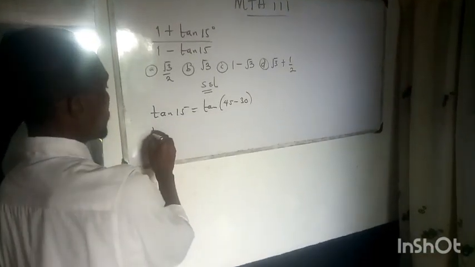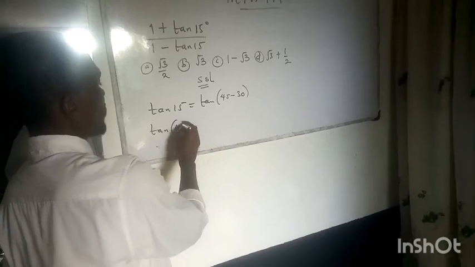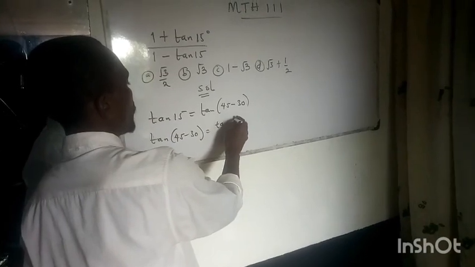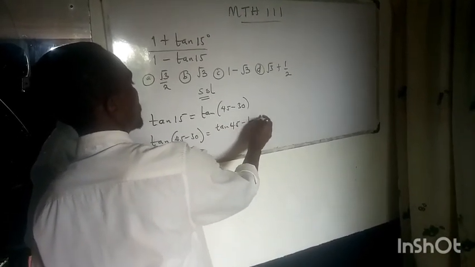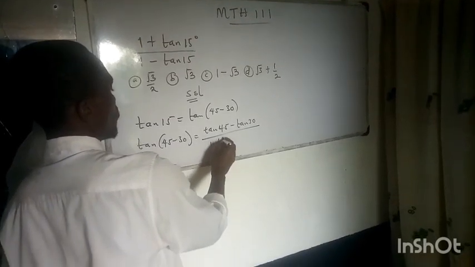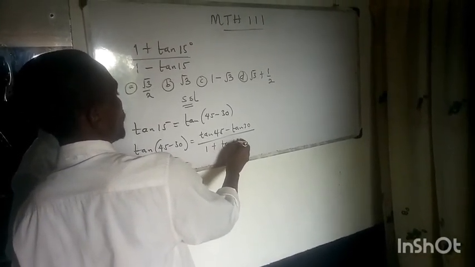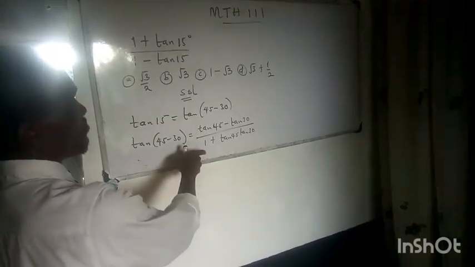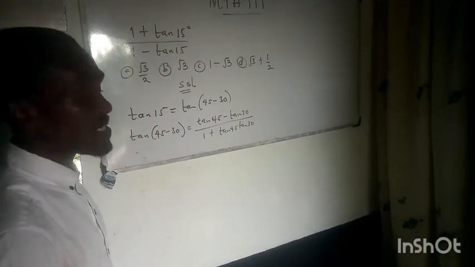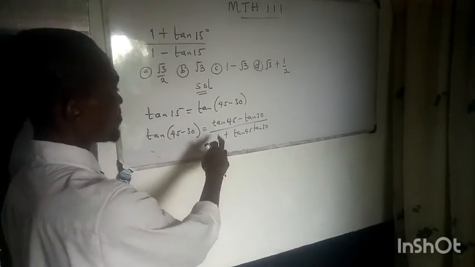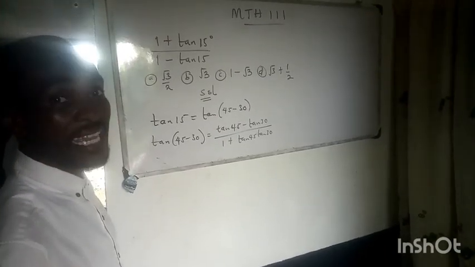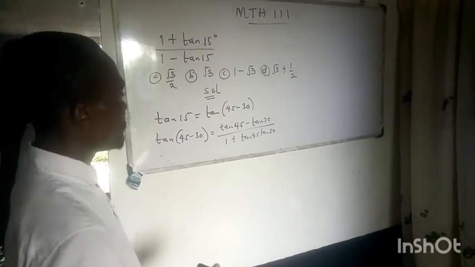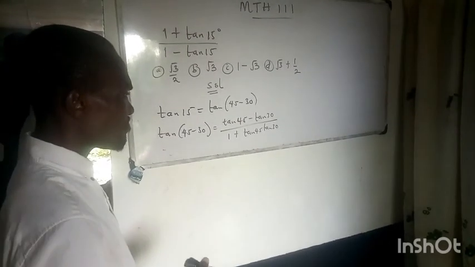And definitely tan 45 minus 30 can be written as tan 45 minus tan 30 over 1 plus tan 45 tan 30. Now this follows through the particular expression that says that tan A minus B is tan A minus tan B, all divided by 1 plus tan A times tan B. Now, what is tan 45?